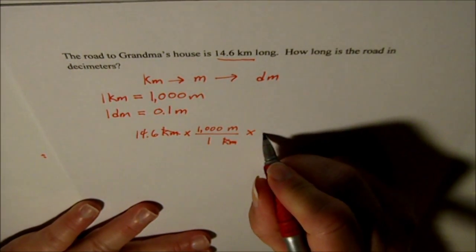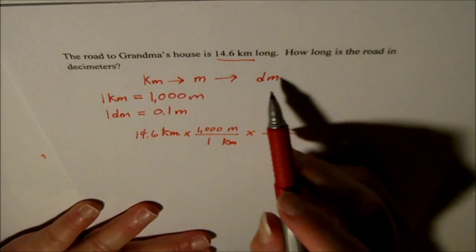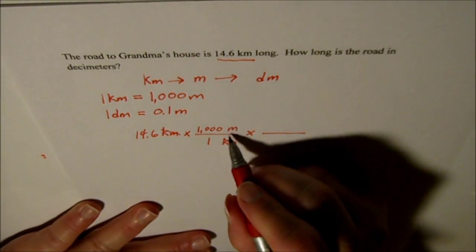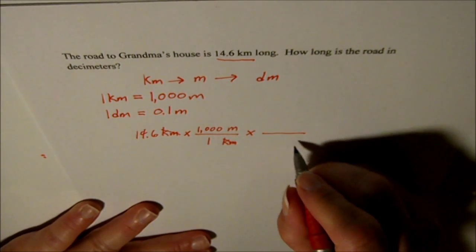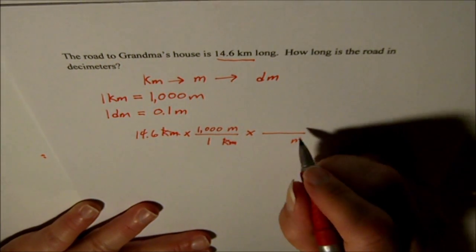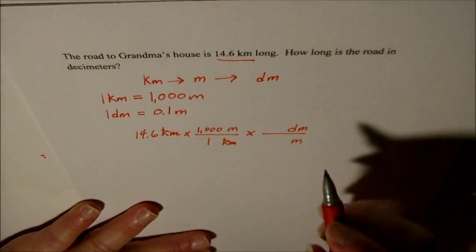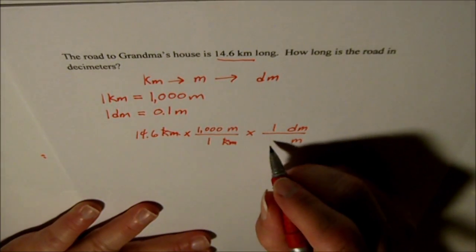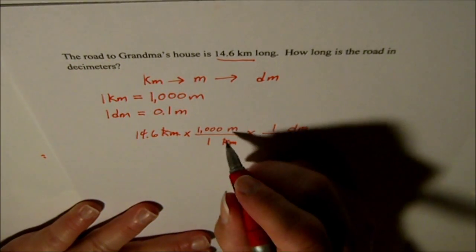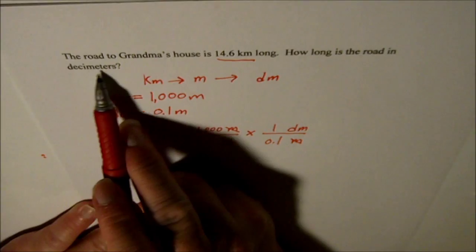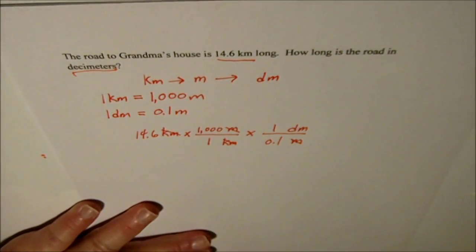Then the second conversion factor goes from meters to decimeters. Since we have meters up here, we're going to put meters down here and decimeters over here. Now, 1 decimeter is 0.1 meter. So the meters will cancel and we're left with decimeters, which is what we want. Okay?